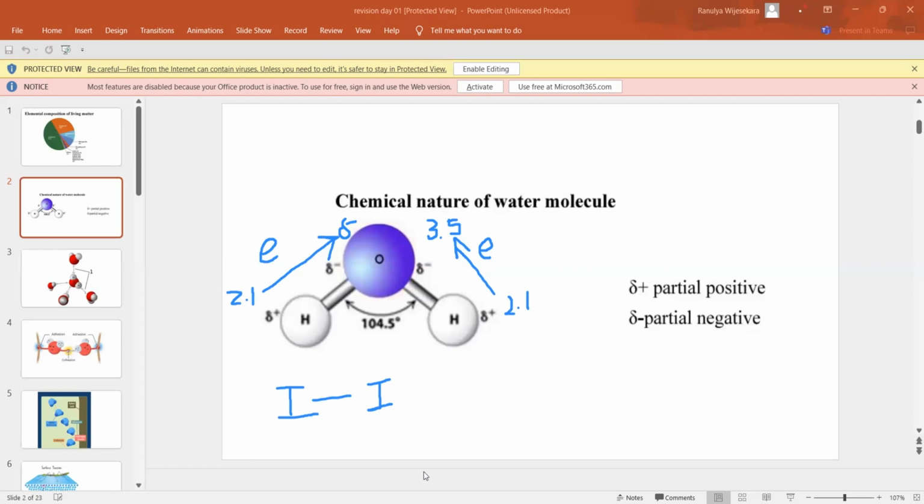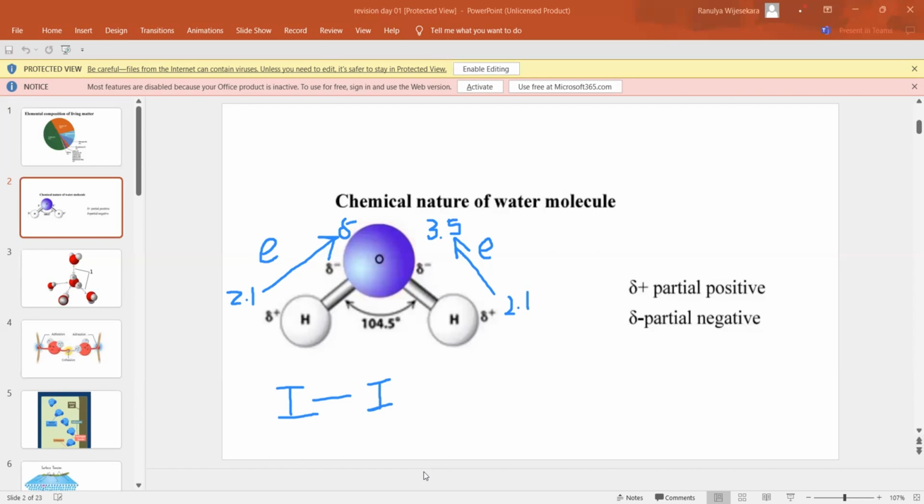Next, due to this polarity, all the properties follow. You know what the bond between these water molecules is called? It is called hydrogen bond. Now if we take this water molecule, there are two hydrogen bonds.